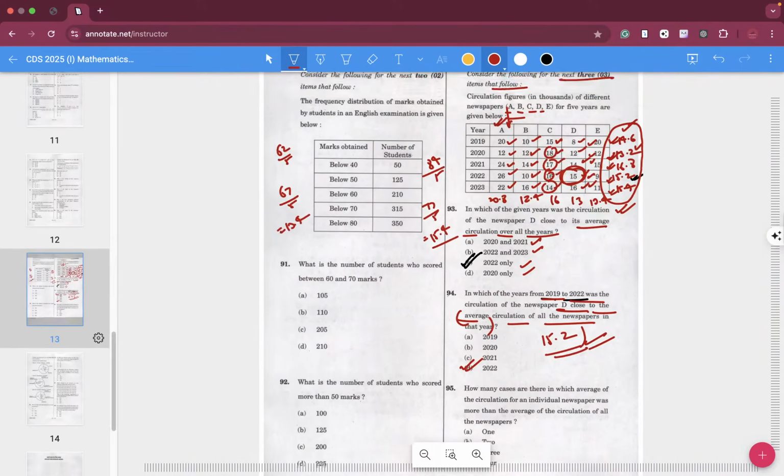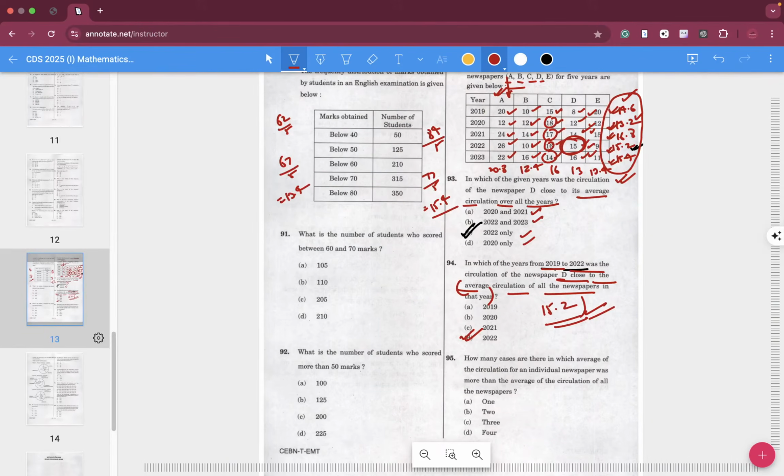Question number 86 in that case. How many cases are there in which the average circulation of an individual newspaper was more than the average circulation of all the newspapers? The average circulation of all the newspapers was 15.2, as we found out. So how many times are the numbers more than 15.2?